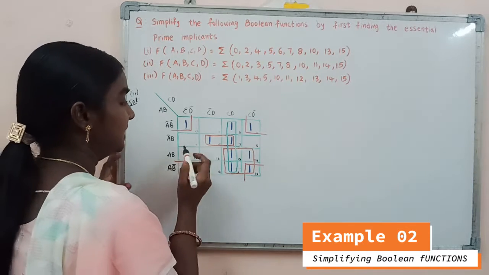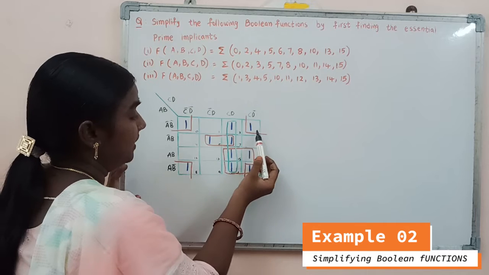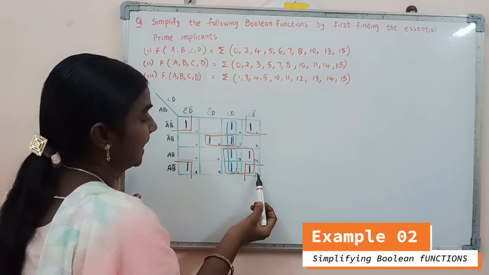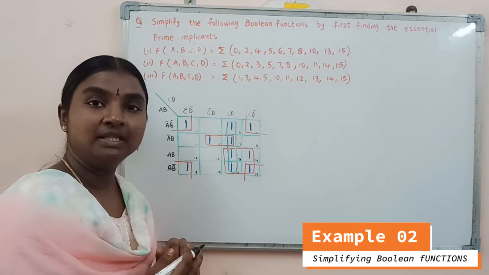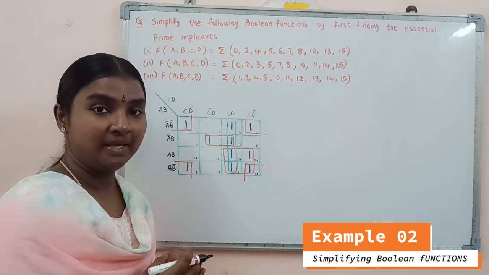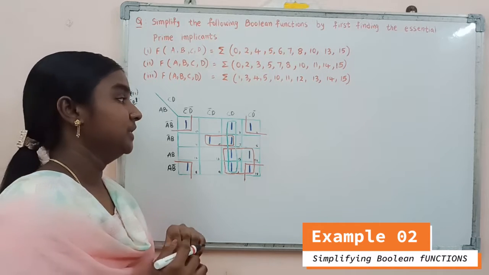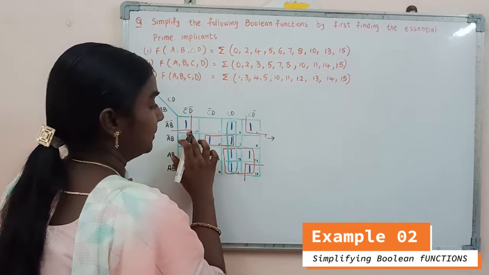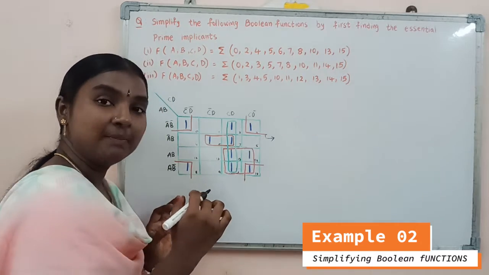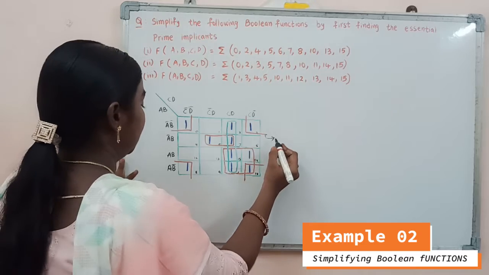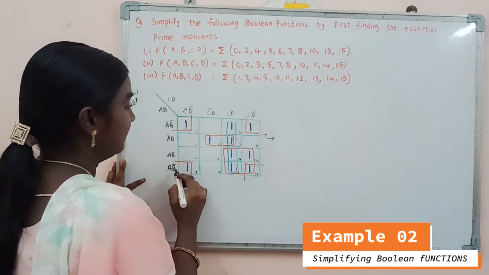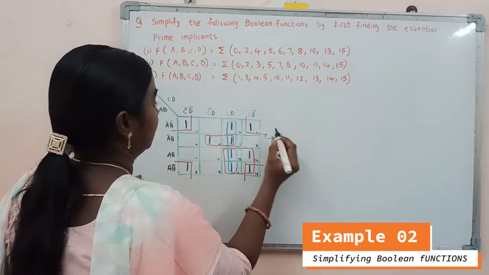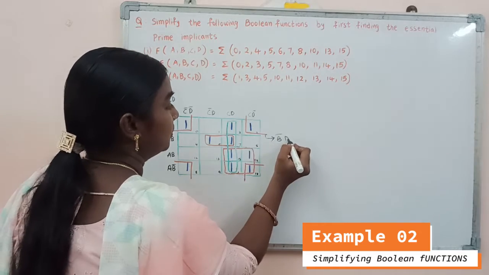If we consider M0, M2, M8, M10, by considering these 4 minterms we can make a group here. For this group, if we want to write a product term, that means a prime implicant, we can write it as B bar, which is common, and D bar, which is also common.